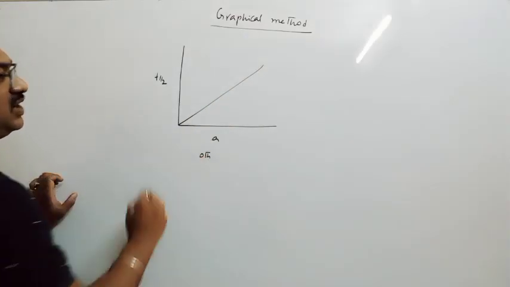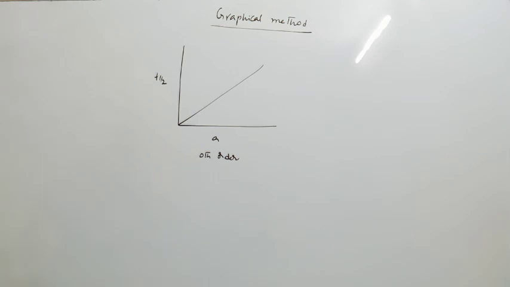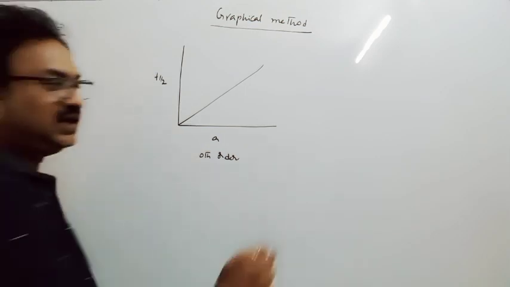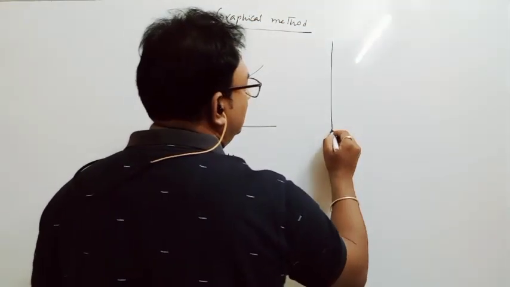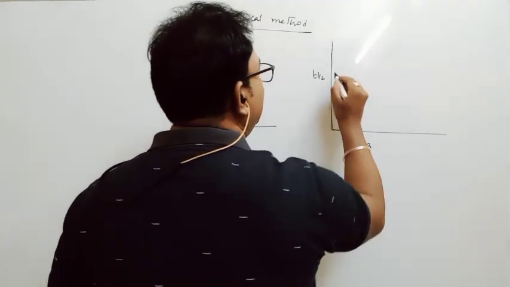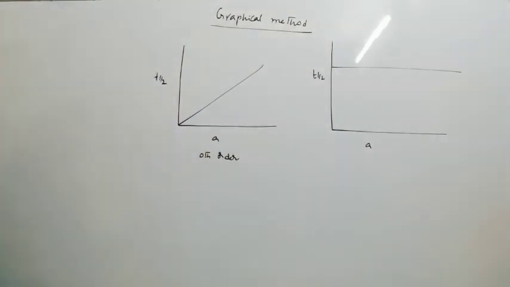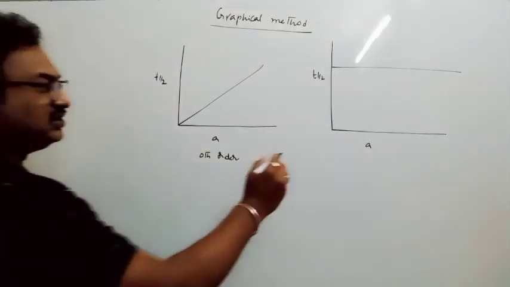This is a zeroth order reaction. Next, T half versus A is like this. It is independent of initial concentration. It is the first order reaction.